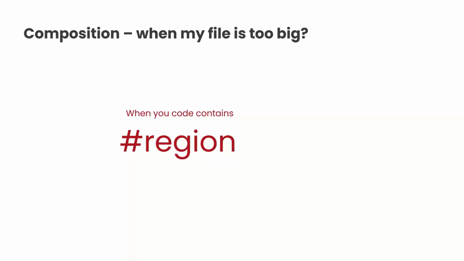Because the whole idea of the region is, my code is hard to read, I have too much here, let's just fold it. And you need to fold it because it's too big. Yes, I understand, you can fold just a single procedure, but the whole purpose of region is to hide complexity.